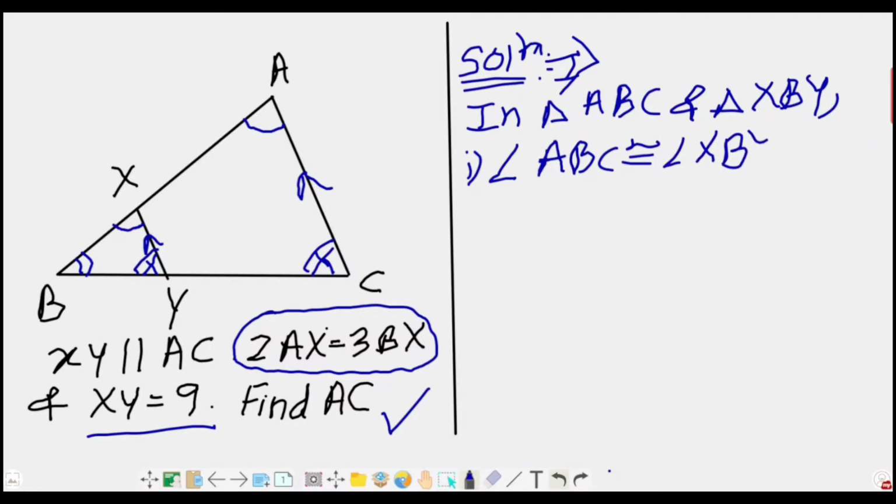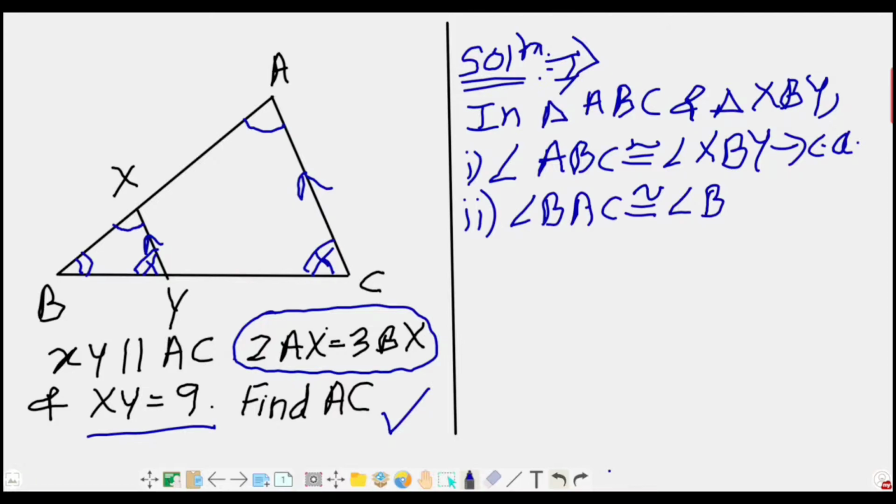I have taken the common angle and one I am taking corresponding angle. So my angle BAC is congruent to angle BXY, corresponding angle, since XY is parallel to AC.